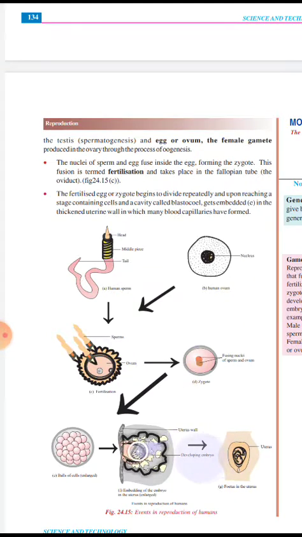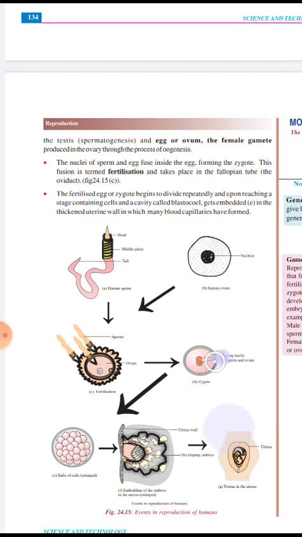While we were talking about menstruation, we said that the uterine wall gets ready so that the blastocyst can attach to it.